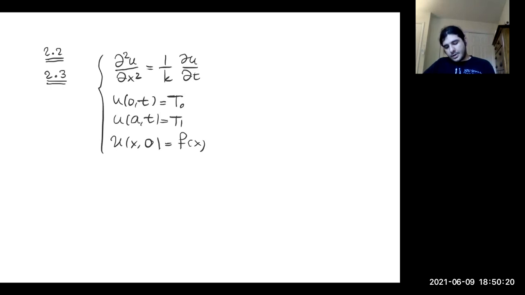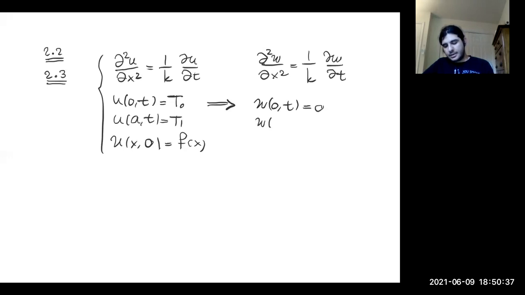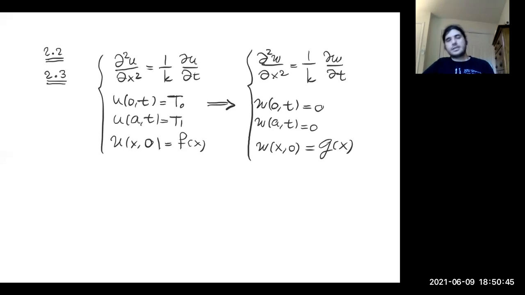As you saw, if we write this for W, we would get the same equation for W, but W at 0 and t is equal to 0, W at a and t is equal to 0. The initial condition is another function, where g of x is equal to f of x minus v of x. Okay, we want to solve this one.